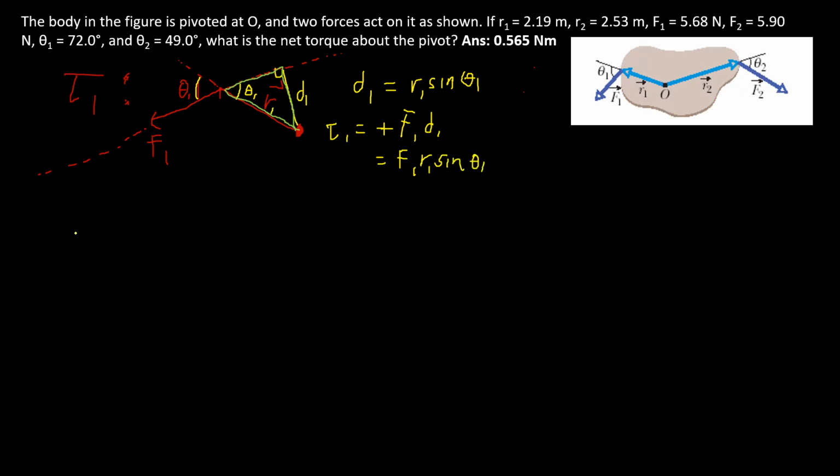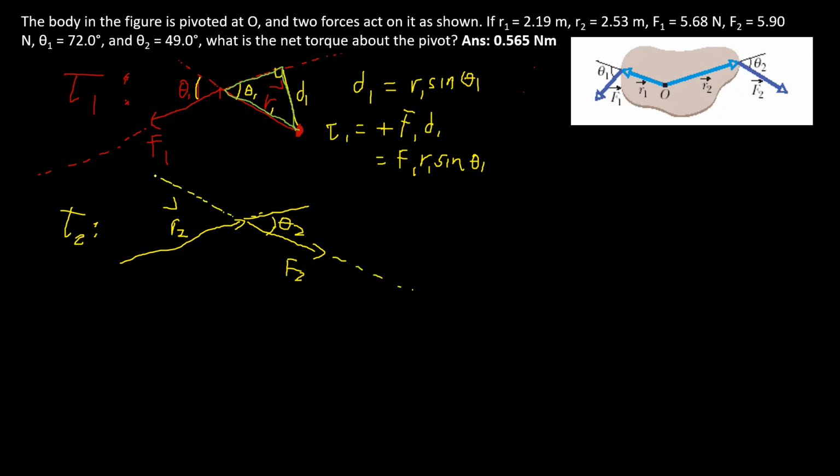Right, so about torque 2. For torque 2, we just redraw: this one is our R2, and this one is F2, right? And theta 2 is defined to be that one. So let's draw the line of action of the force. This one is the line of action of the force.